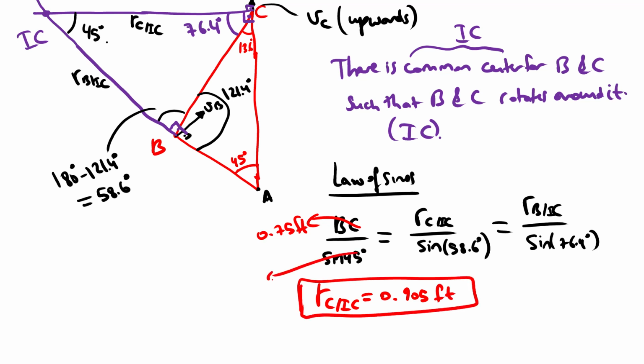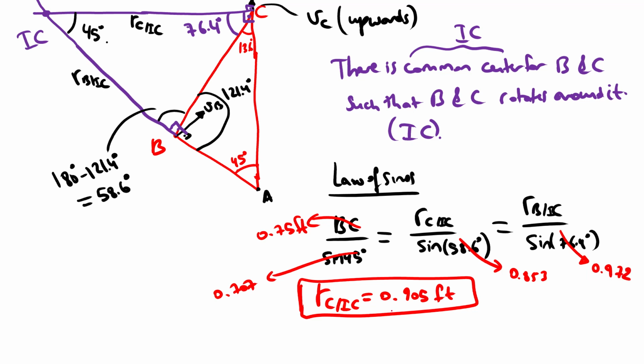Sine 45 is 0.707, sine 58.6 is 0.853, and sine 76.4 is 0.972.